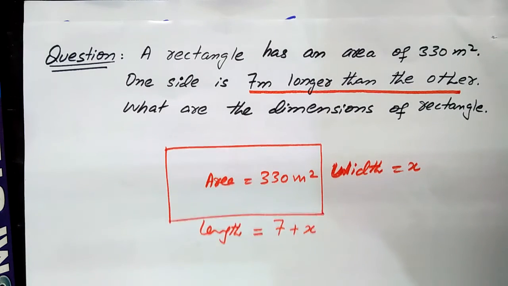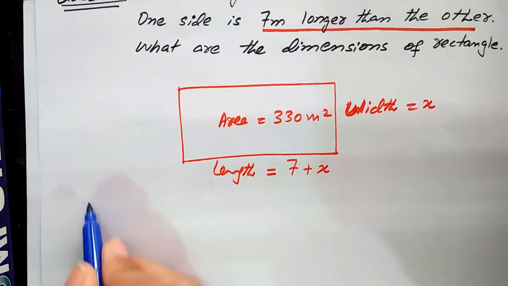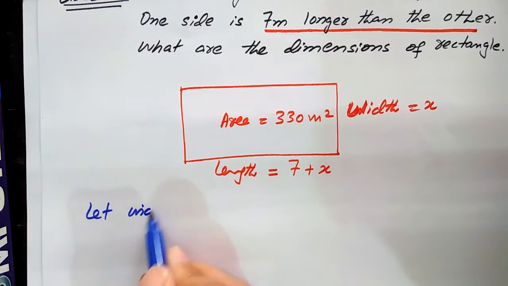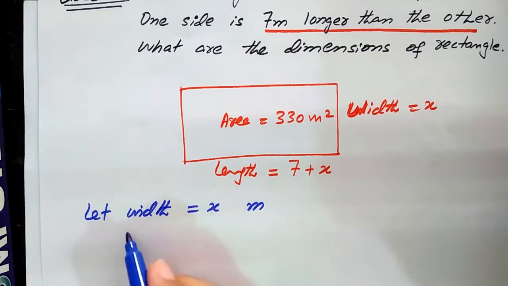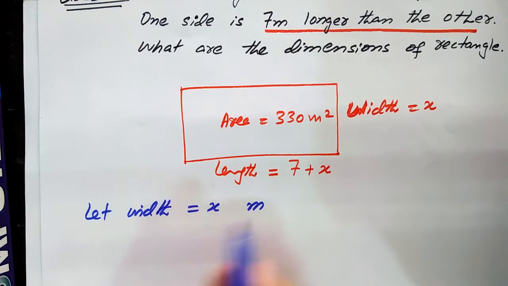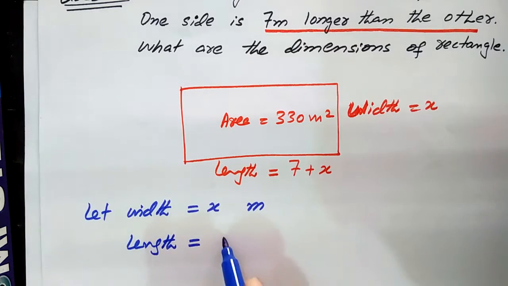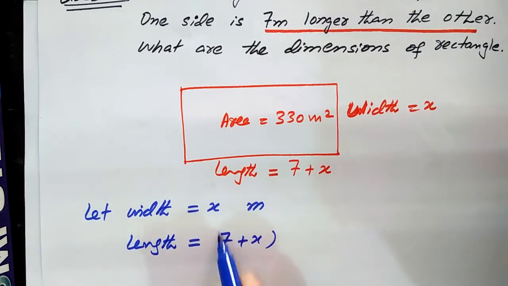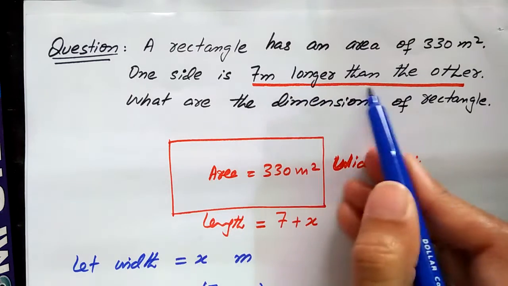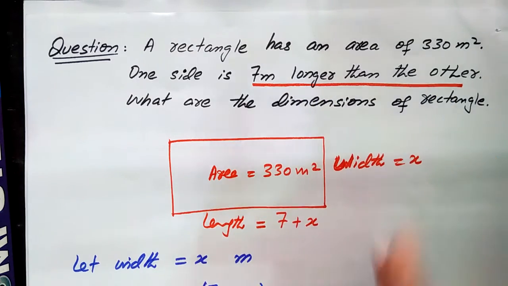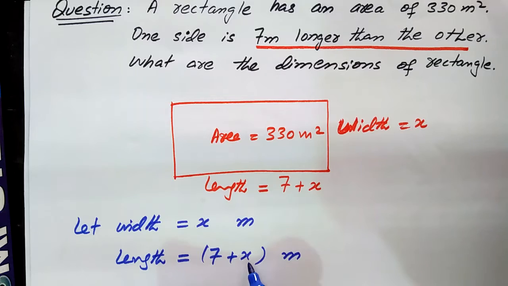So width equals x meters and length equals 7 plus x meters. Since this condition is given that one side is 7 meters longer than the other, if I have taken one side as x, then the other side will become 7 plus x.